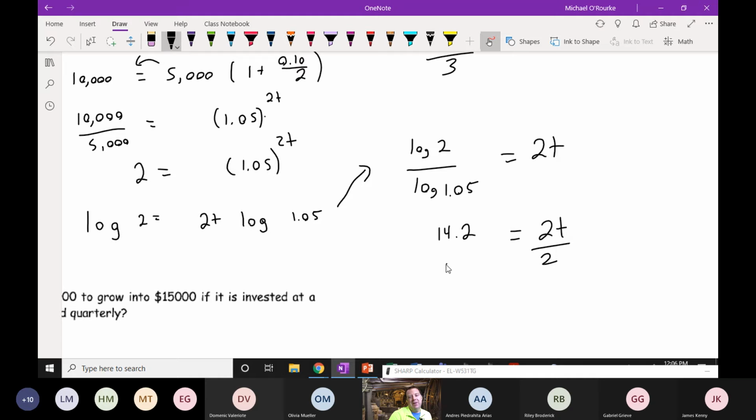Then we divide by 2. Divide by 2. T equals 7.1.